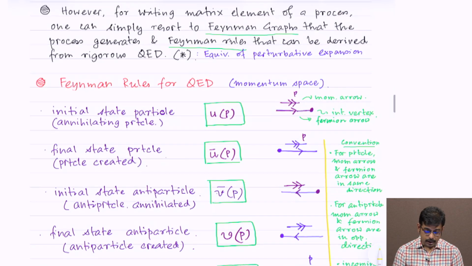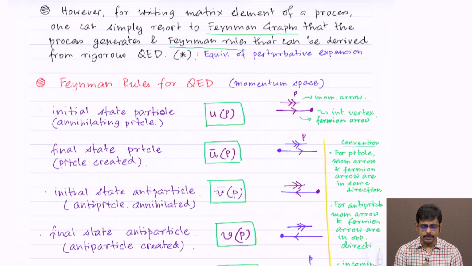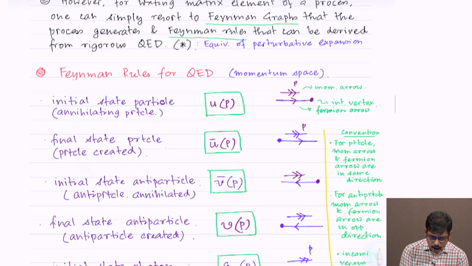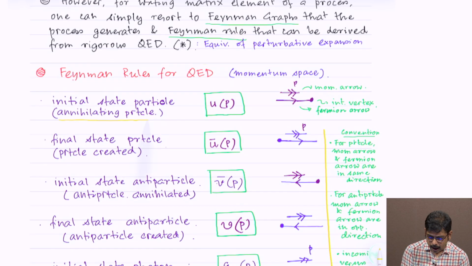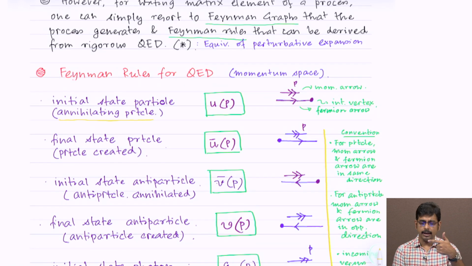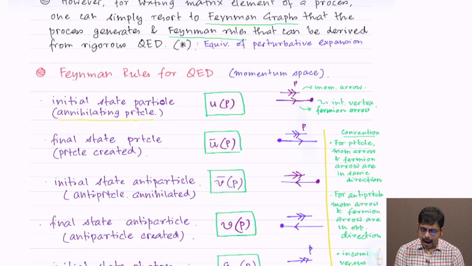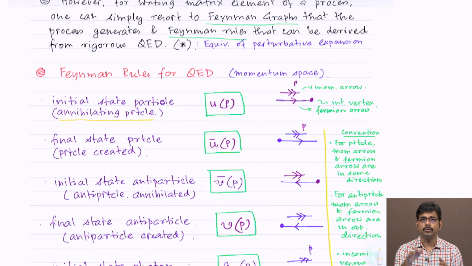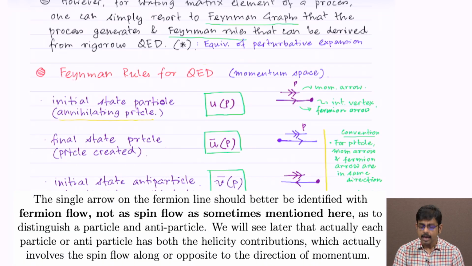Now each graph can have one initial state particle, or an annihilating particle, and the way you draw it is with a blob and an incoming line with an arrow, which dictates the fermion flow, or spin flow, which is parallel with the momentum flow.